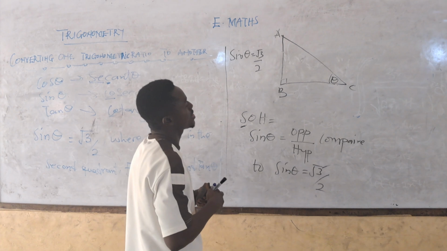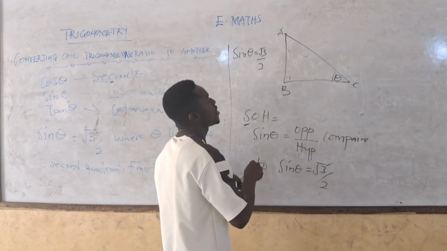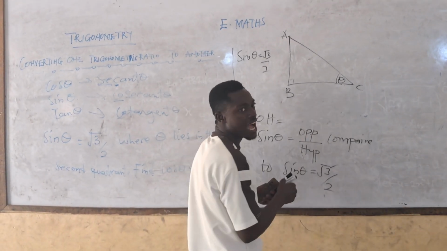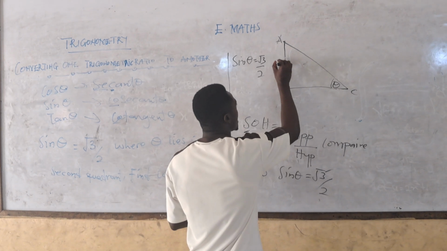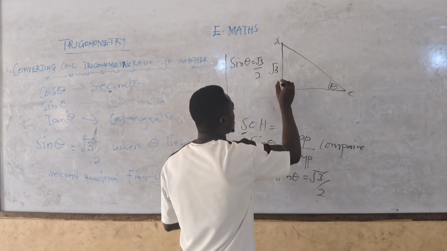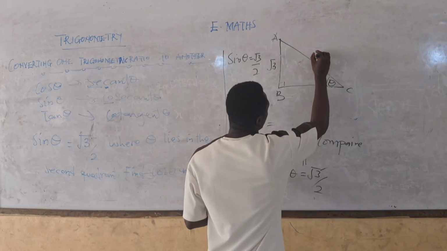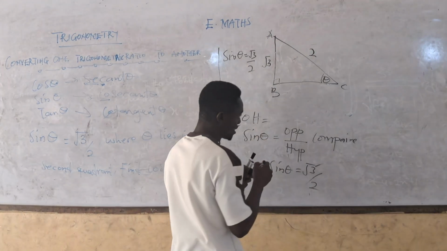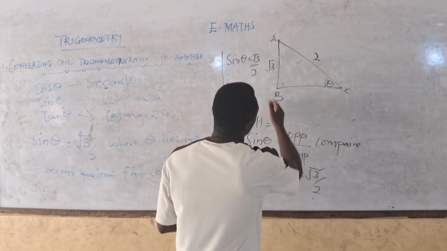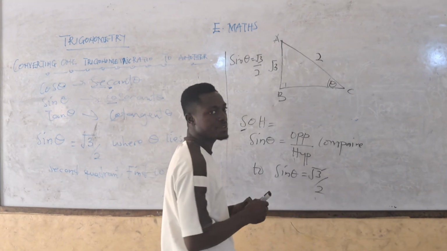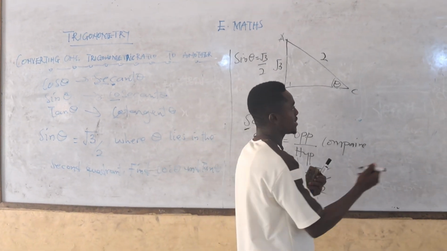From our previous video, we know that the opposite is the line which is facing the angle. So here is the opposite, and our hypotenuse is 2. If you find it difficult to locate those sides, please visit the previous video for more understanding.